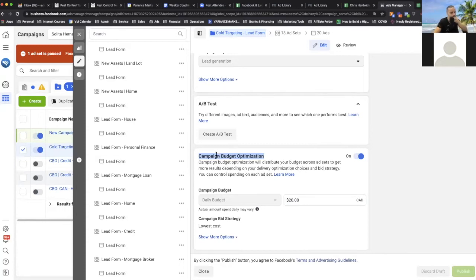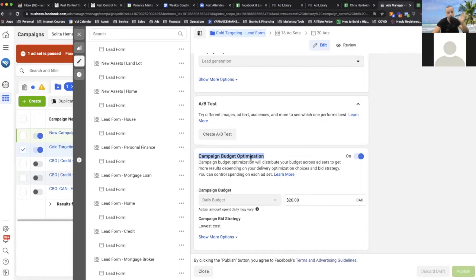So, and we always use CBO, which is campaign budget optimization, because now what you're doing is you're telling Facebook, okay, Facebook, I have tons of different ads. I have 5 different ads promoting this, 2 different ads promoting this, 1 different ad promoting this, right? But I want Facebook to determine based on the data, based on what ends up being the best in terms of which ad sets are the best for targeting perspectives, which ones are the best for creatives and copy and all that kind of stuff.